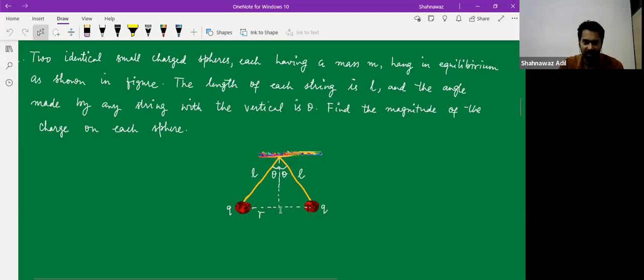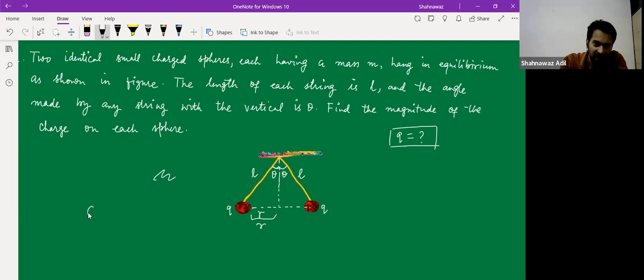This distance up to this point is r. And in this question, they want us to find the magnitude of this charge. So we have to find Q, right? So we have to focus on this part only, right?